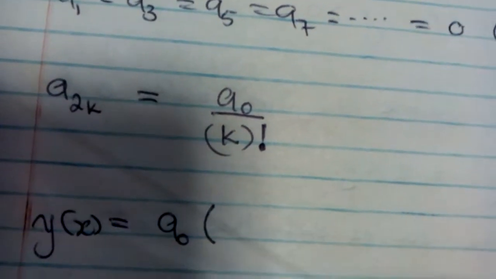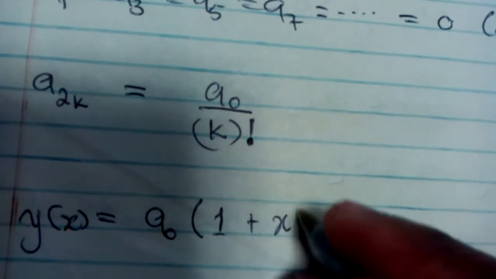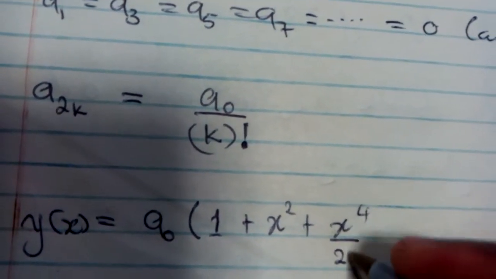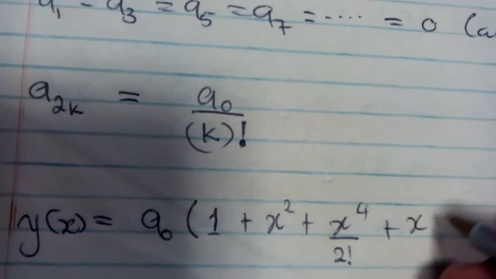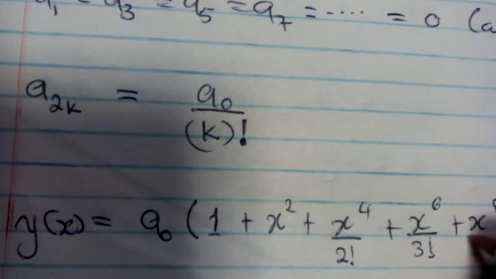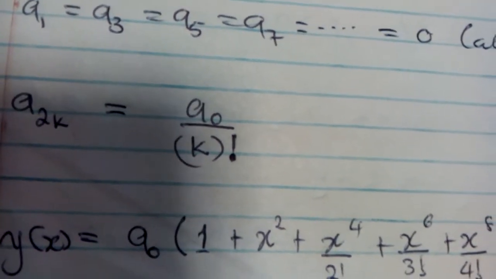A naught. I can factor this out, remains 1 plus x squared plus x to the 4 over 2 factorial if you want, plus x to the 6 over 3 factorial plus x to the 8 over 4 factorial, plus on and on.